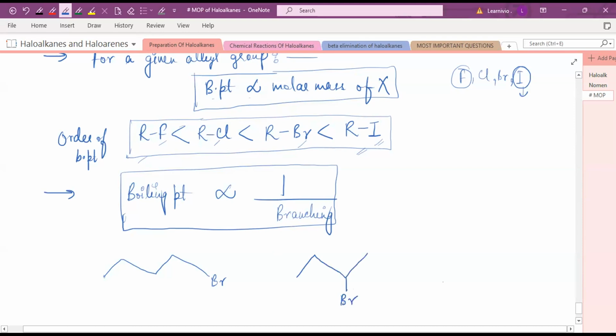Second, I take this. The third compound is this one. If they are A, B, and C, which one has the maximum boiling point and which one has the lowest boiling point? Just tell me the order according to the boiling point.